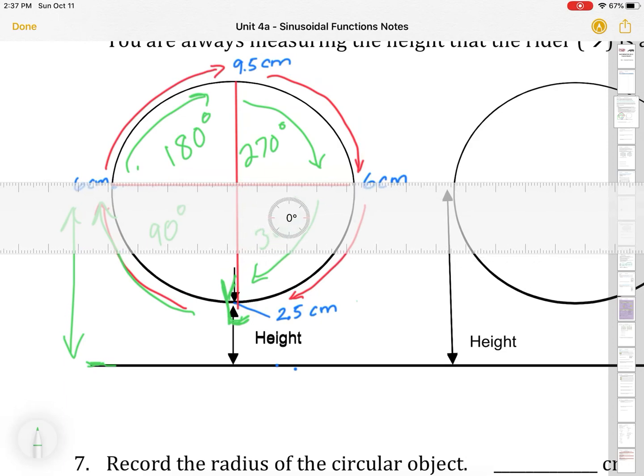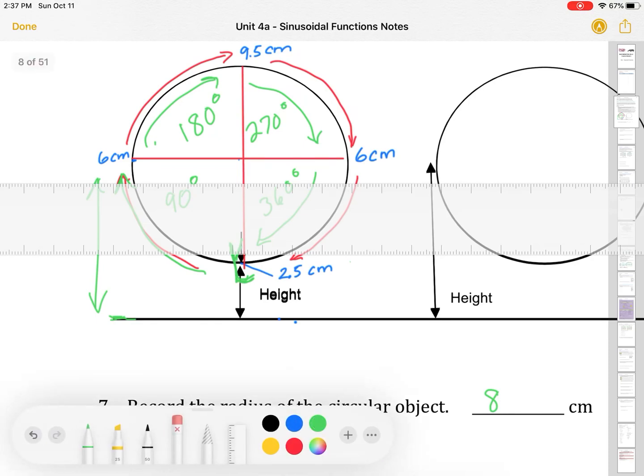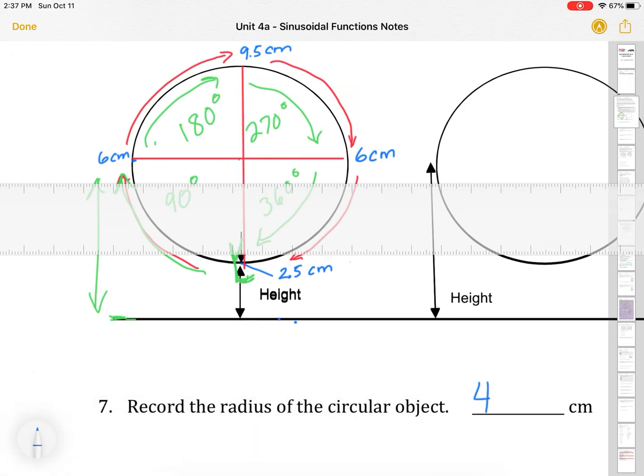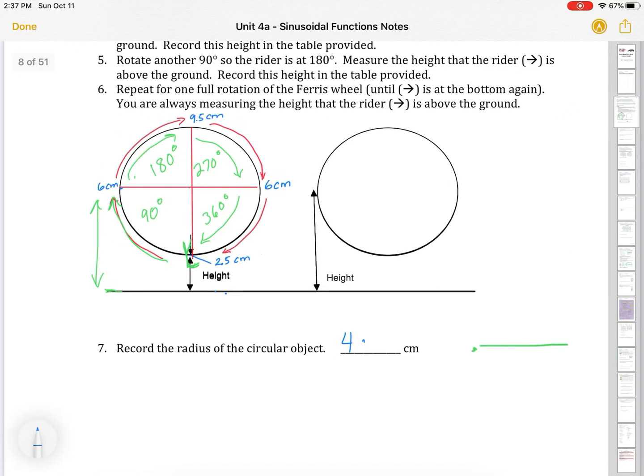So our radius would be half of the distance across this object. 1, 2, 3, 4, 5, 6, 7, 8. So we would say that the radius would be half of that, right? So if the diameter is 8, the radius of this object would be 4 centimeters. Okay, it's good to have that kind of measurement. So that's exploring.